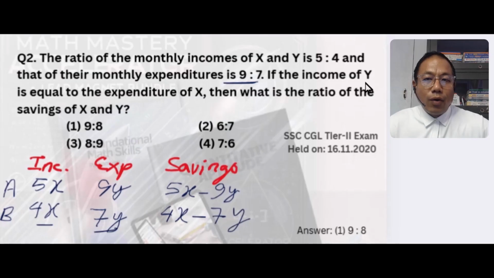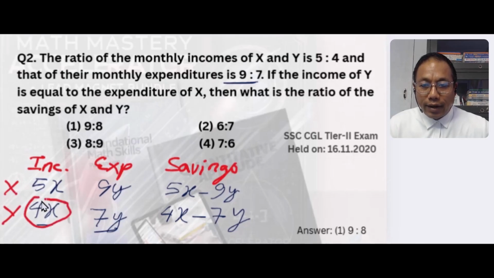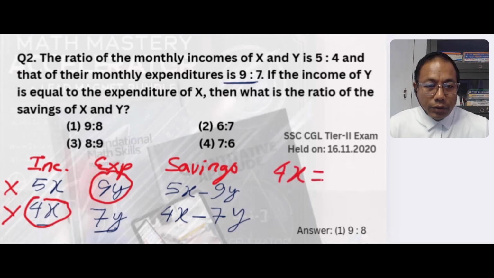If income of Y is equal to expenditure of X, wait, this is not A and B, sorry, X and Y. The first one is X, the second one is Y. Income of Y, that is 4x, is equal to expenditure of X. Expenditure of X is 9y. 4x equals 9y.